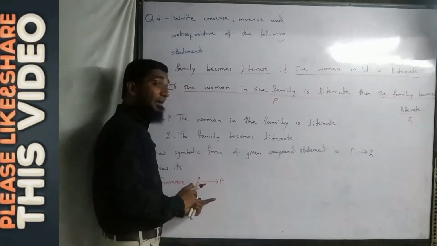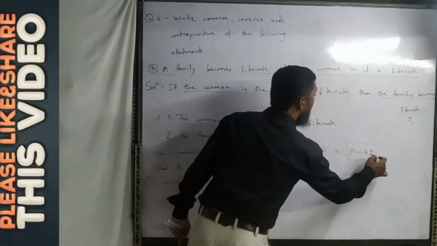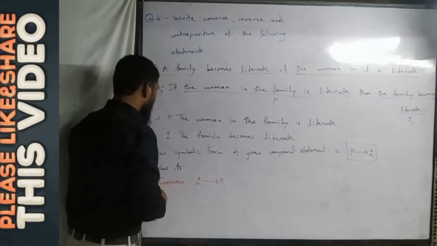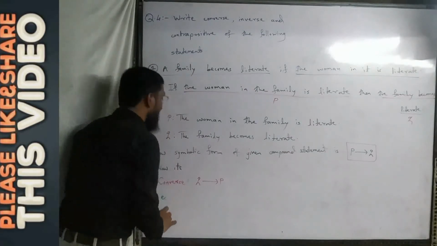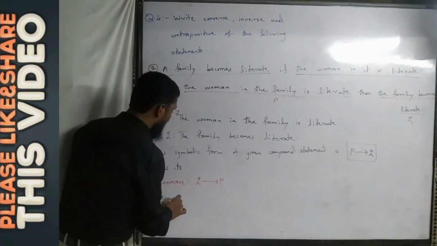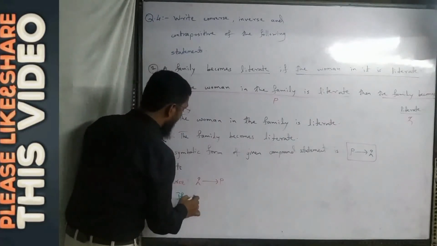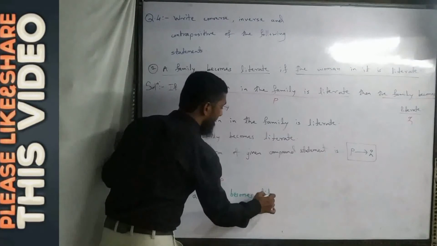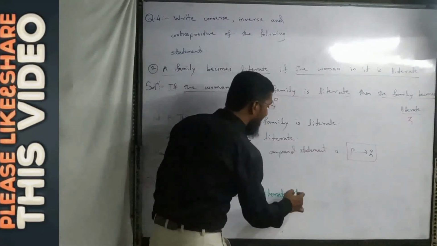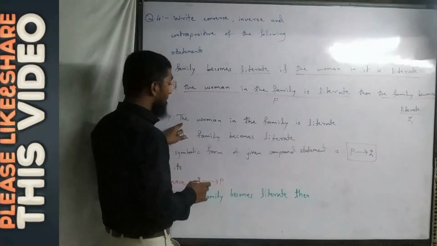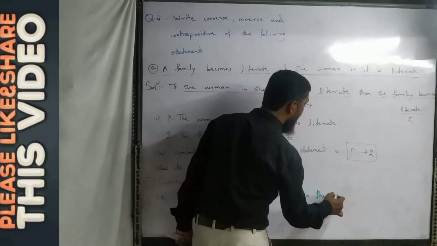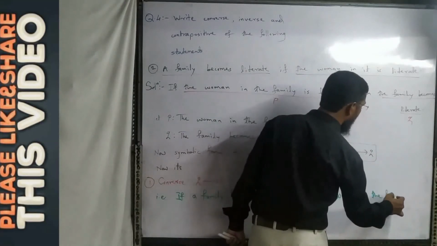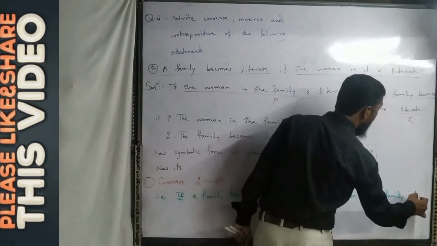It is the converse of the given conditional statement P implies Q. That means its verbal form is: if a family becomes literate, then the woman in the family is literate.